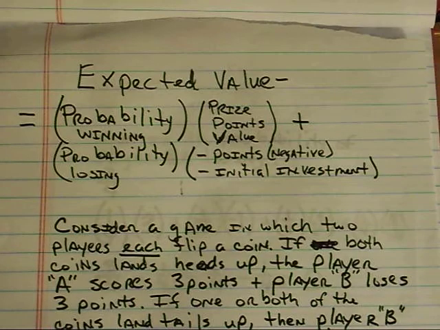You multiply the probability of winning times the value of that prize, plus the probability of you losing, because if you have a probability of winning something, you also have a probability of losing something. You multiply that times the initial investment, which is negative. So if you play the lottery and invested $5, it's negative $5 in that situation. Or if you lose points, it'll be negative points.